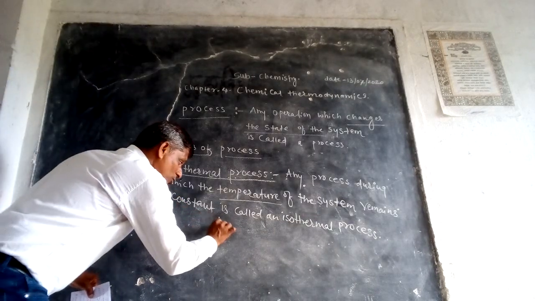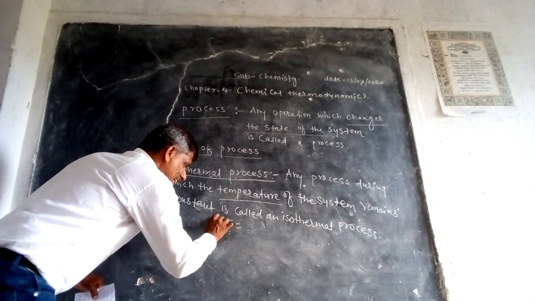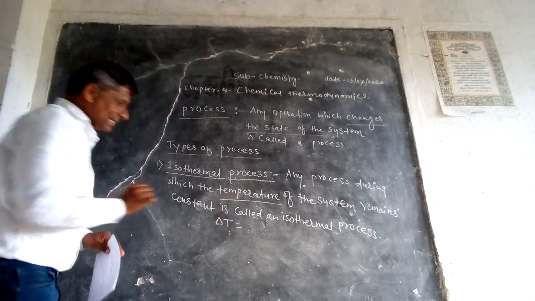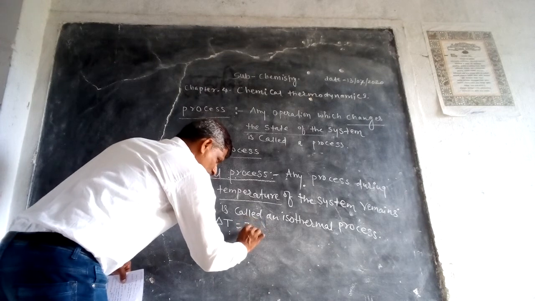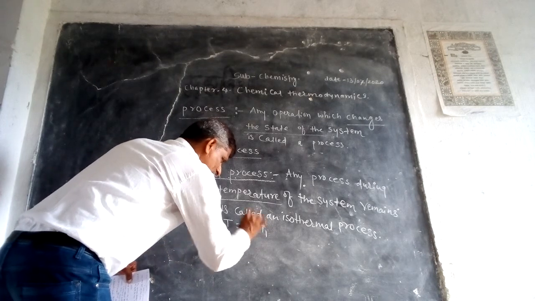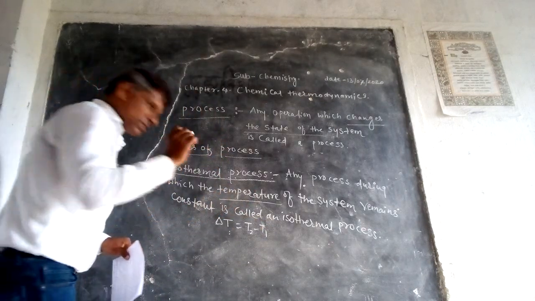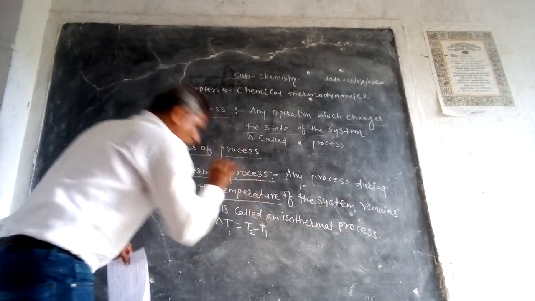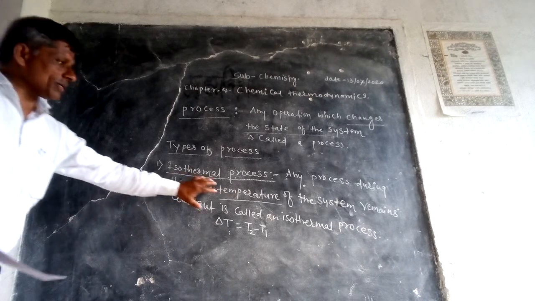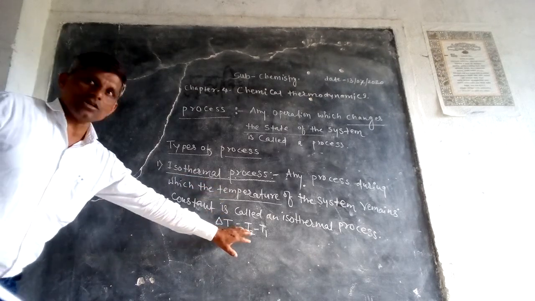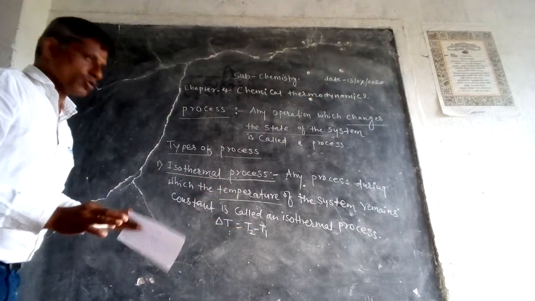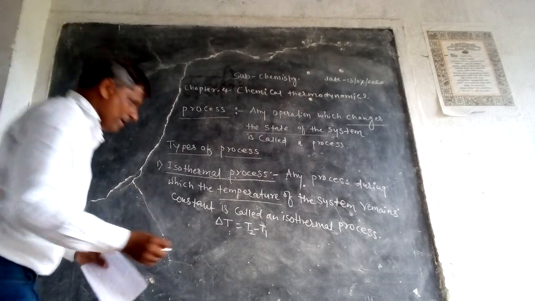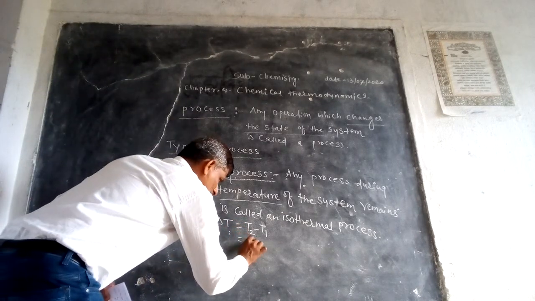If you find the change in temperature, that is delta T, what is delta T? Delta T is T2 minus T1. T2 is the temperature of the system in state number 2, T1 is the temperature of the system in state number 1. So according to the definition, the temperature is not going to change, so both values will of course be the same, and here it will be 0.